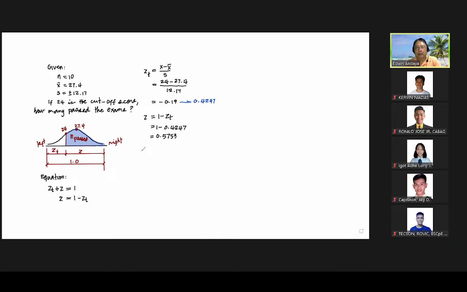So our n pass is the number of the examinees who got the score of equal or greater than 24, which is 0.5753 times the n. 0.5753 times 10 is 5.7.